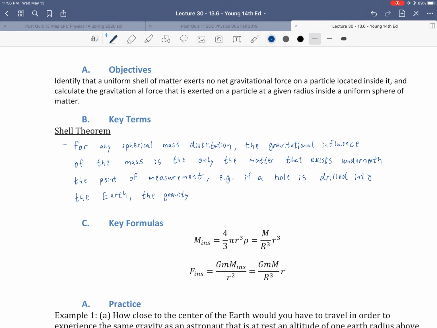You're not going to be pulled up by the matter above. So the gravitational attraction of the matter above cancels out.